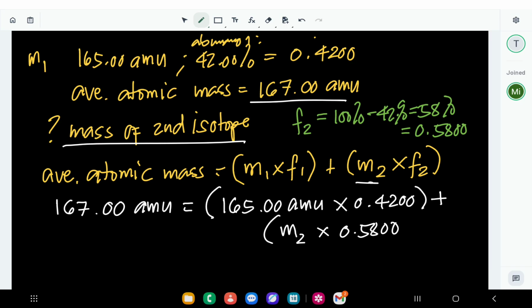Okay, you want to help me solve this? Yeah. So that is 165 times 0.42. What did you get?